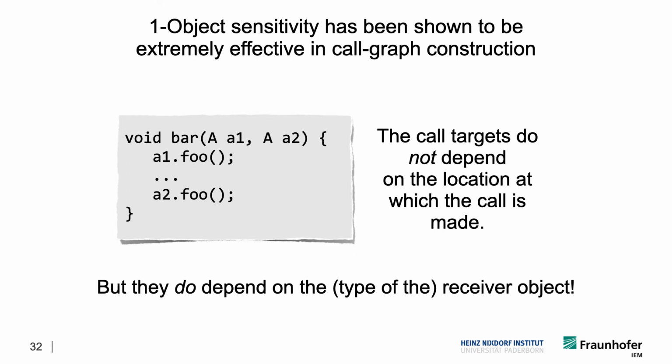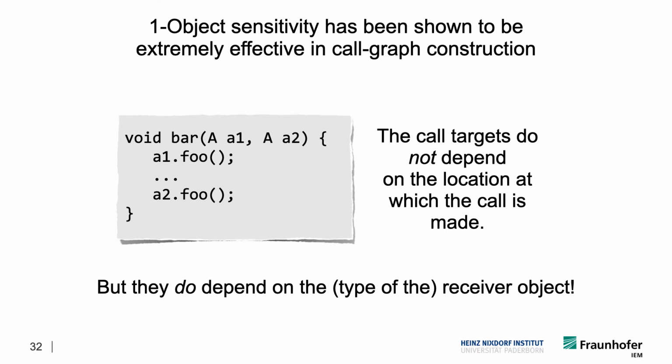Another possibility, if you want to create object-sensitive call graphs in the first place, is extensions to Soot. One in particular is called Paddle. It's a pointer analysis framework based on BDDs, binary decision diagrams, and it was particularly designed to perform object and/or context-sensitive call graph analysis.